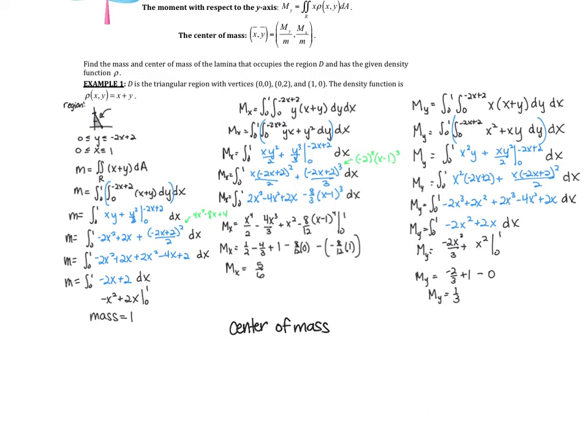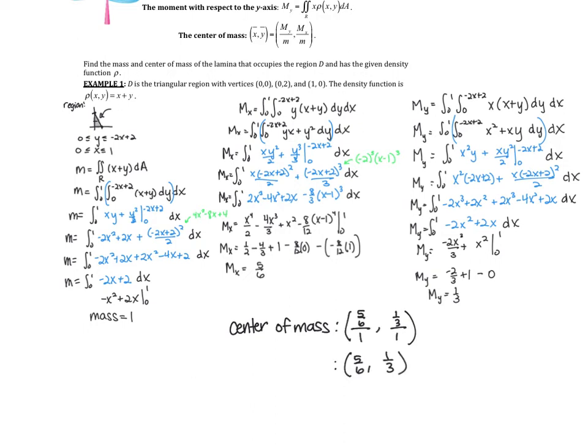If it were on a point somewhere in this region, where is this surface balanced? Well, my surface is going to be balanced at the ordered pair 5/6, so that's my moment with respect to x divided by my mass, and 1/3, my moment with respect to y divided by its mass. Obviously, we wouldn't normally write that, but I just wanted you to see that I am dividing by mass.